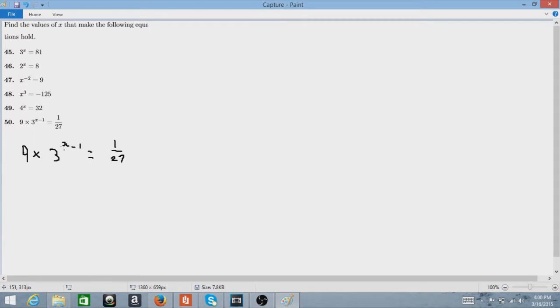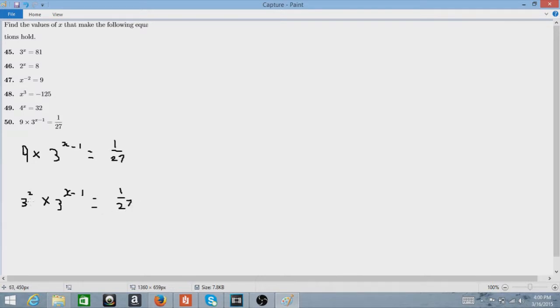Since x is in the powers, we should make the bases the same, and then we'll equate and solve. Let's break this 9 up and say 3 to the power of 2, which is the same thing as 9, times 3 to the x minus 1 equals 1 over 27.